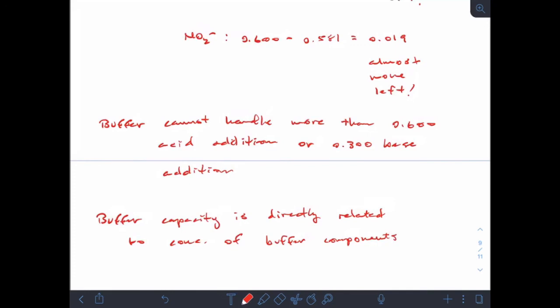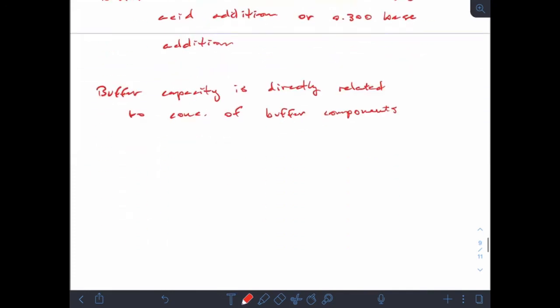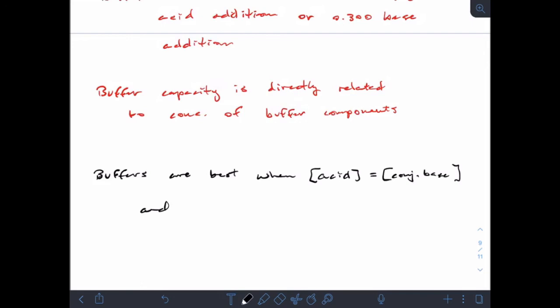So buffers are best when the acid and base concentrations are the same, and at high concentrations.